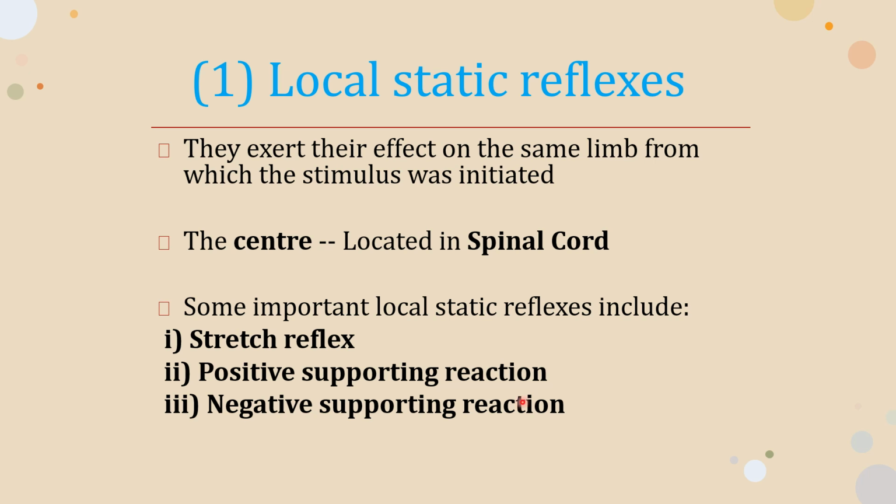The local static reflexes exert their effect on the same limb from which the stimulus was initiated. The center is located in the spinal cord. Some of the important static reflexes are, as I told you, stretch reflex, and positive and negative supporting reactions.